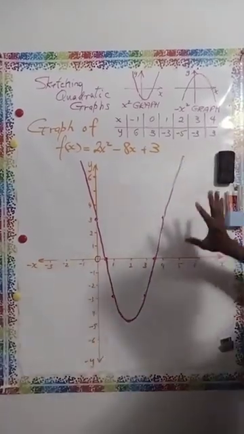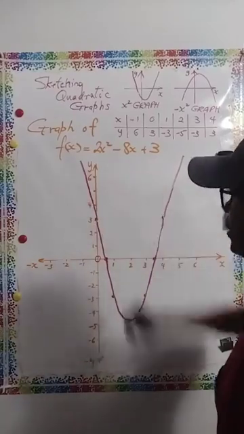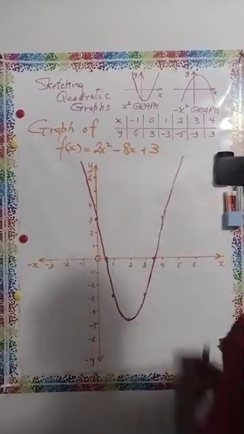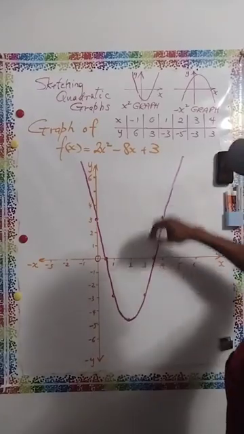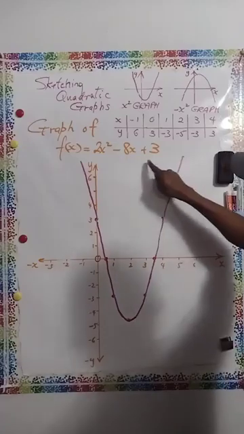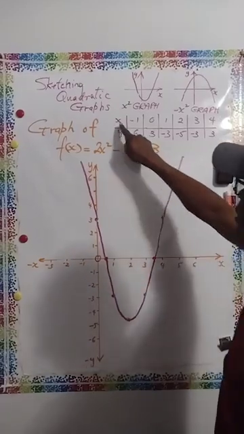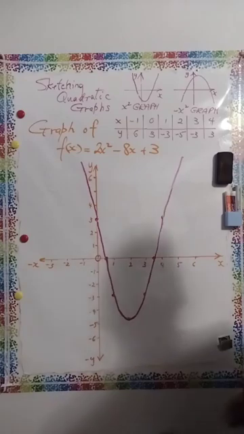We're going to go and just get some things clear on this diagram up here. Of course, this parabola that's opening upwards is a result of this function, using these x values from negative 1 to positive 4.